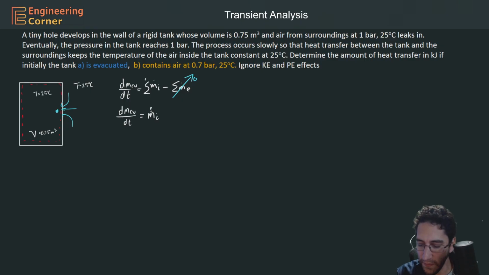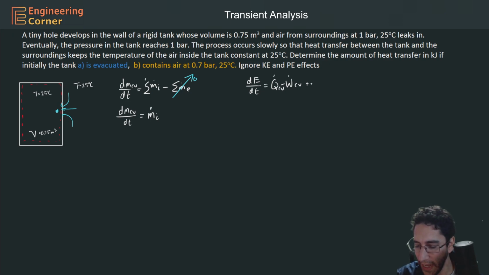Okay, let's move on to my energy equation. My energy equation says the change in energy with respect to time is equal to the rate of heat minus the rate of work, and these are of my control volume.